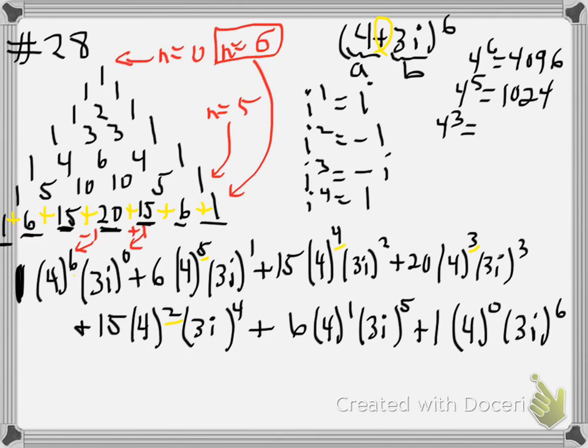Sorry, I should do 4 to the 4th, is 256. 4 to the 3rd is 64. 4 squared is 16. And then you obviously know 4 to the 1st.